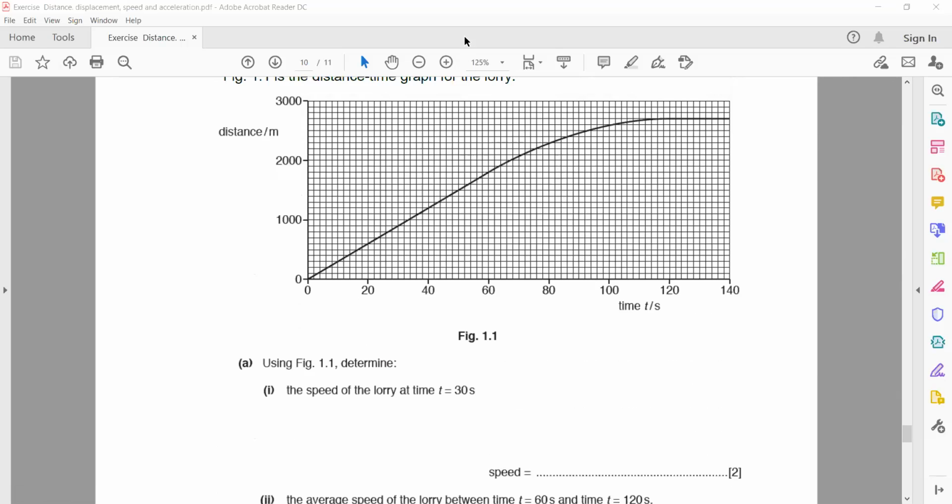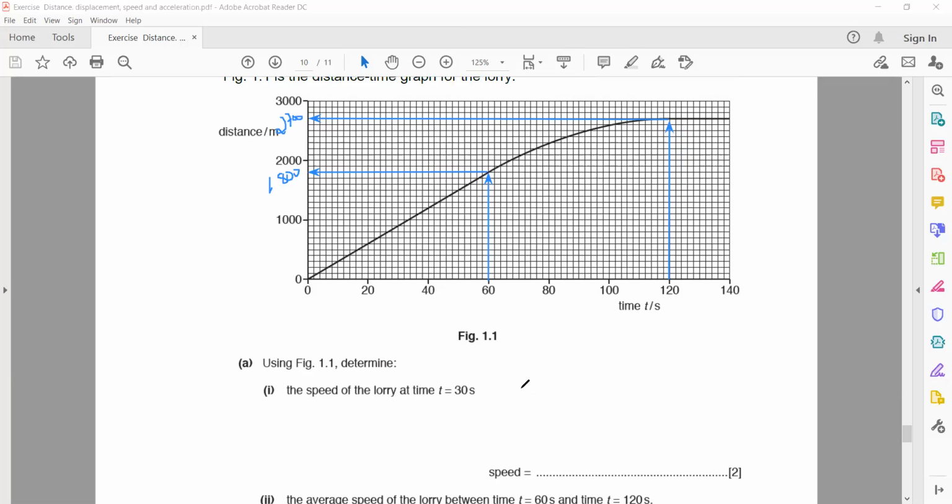So from 60 seconds to 120 seconds: at 60 seconds, this will be the distance, which is 1800, and at 120 seconds, it is about 2700 meters. So what is the distance traveled from 60 to 120?